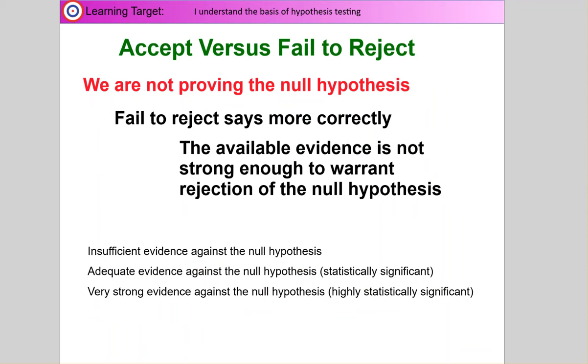But we are either rejecting or failing to reject. Failing to reject is basically saying there's not enough evidence to warrant a rejection. We're not certain. There's strong evidence against the null hypothesis, or there's not enough evidence against the null hypothesis to get rid of it.